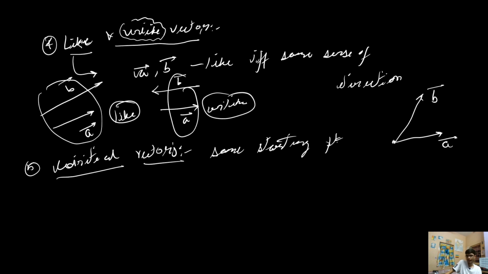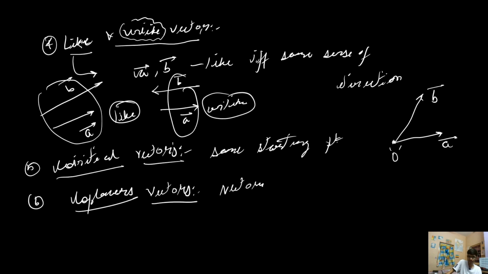In this case, vector A and vector B both have the same starting point, that is point O. Similarly, we study coplanar vectors. Vectors which lie on the same plane are known as coplanar vectors.